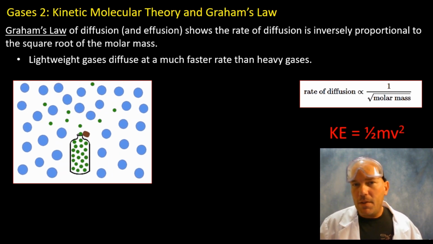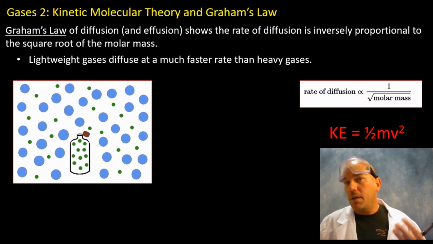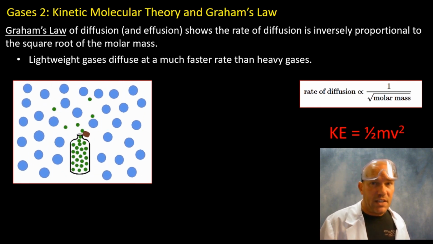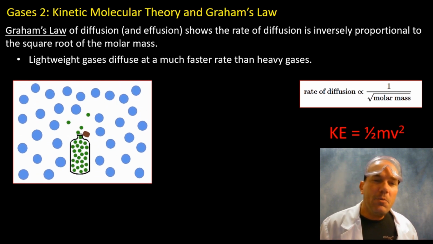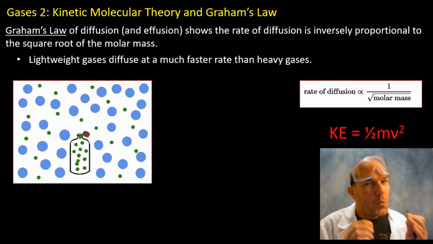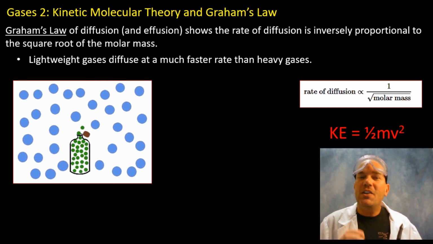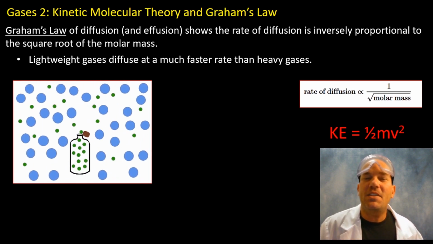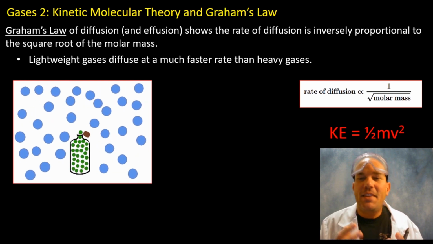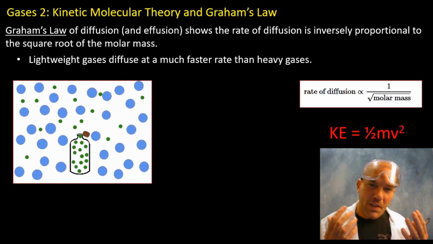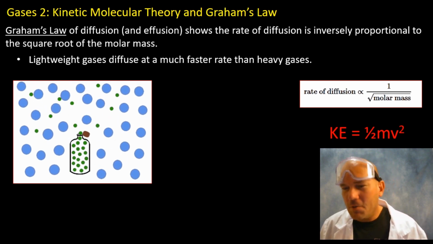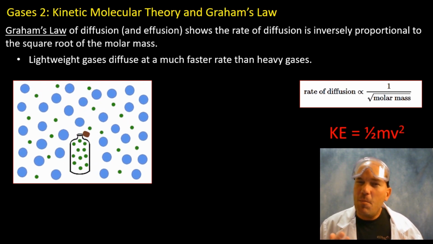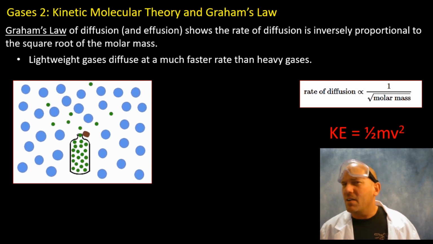We would describe this mathematically as the rate of diffusion is inversely proportional to the square root of the molar mass. In other words, lightweight gases are going to diffuse at a much higher rate than a heavier gas. If you consider our formula for kinetic energy, 1/2 mv squared, well, mass is the amount of matter.